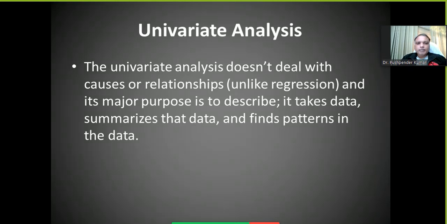So in univariate analysis we are describing the information. You are summarizing the data, or you show some kind of pattern, that if you see the marks of a student over the last 5 years, on average there is some kind of uptrend or downtrend, that it is increasing year by year or coming down year by year.